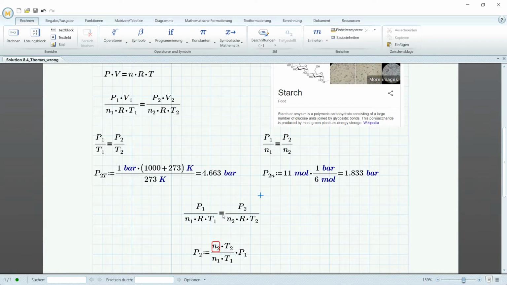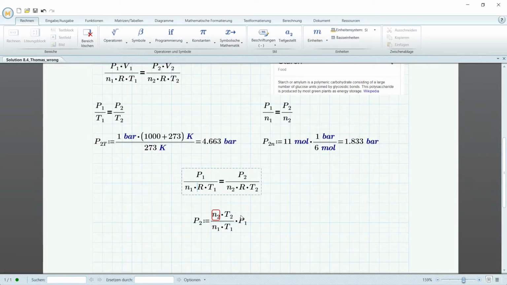So now let's compare. If we have a change in both the number of moles N and in the temperature, then we can simplify R and V because the silo is staying the same size. So in this case, pressure 2 is equal to N2, here 11 moles, and N1 was 6 moles.